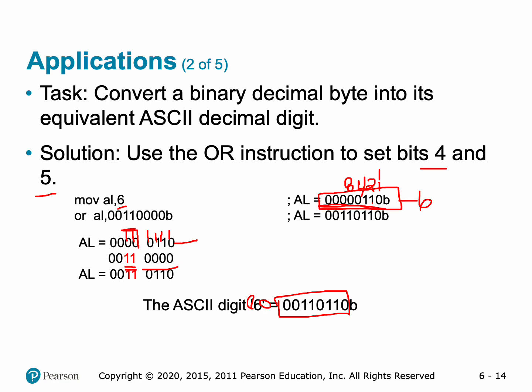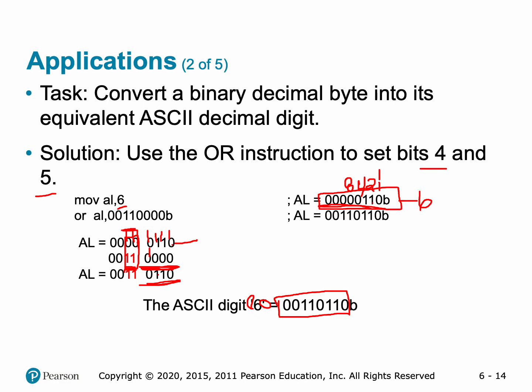Remember, when you do an OR and you have a 0, it doesn't change the value of your original operand. So 0 or 0 stays 0, 1 or 0 stays 1, 1 or 1 stays 1, 0 or 0 stays 0. So these first 4 numbers are unchanged. But once you OR with a 1, it actually changes your value.